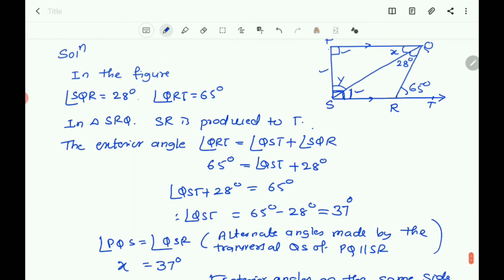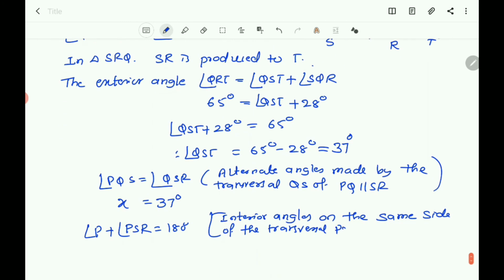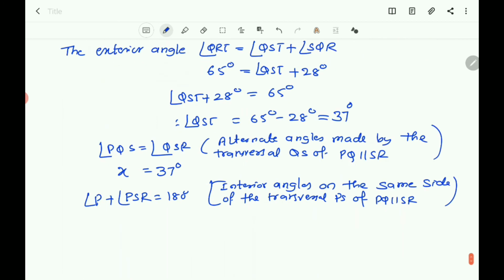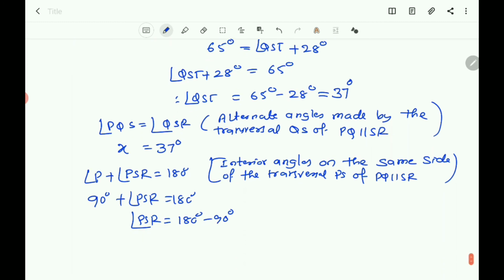Which transversal is it? PS of PQ parallel to SR. So here angle P is 90 degrees, plus angle PSR is equal to 180 degrees. Therefore angle PSR is equal to 180 degrees minus 90 degrees, that is equal to 90 degrees.